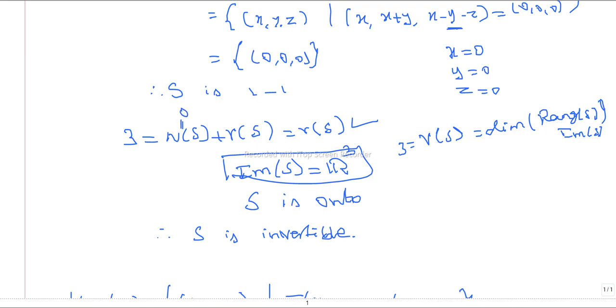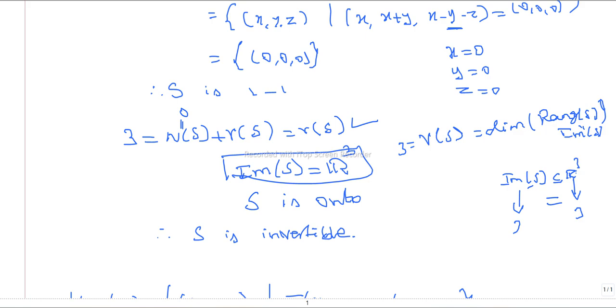But the rank is the dimension of the range space or image space, and this image is a subset of the codomain, which is also R3. Since we already know the dimension of the codomain is 3, and we have now shown the dimension of the image is also 3, both have the same dimension and one is a subset of the other, therefore the only possibility is that both are equal.